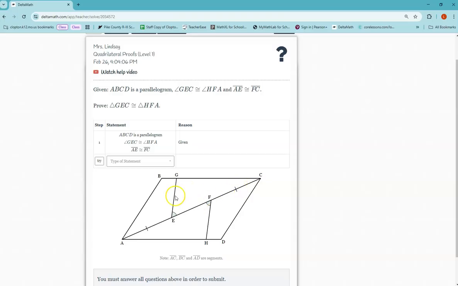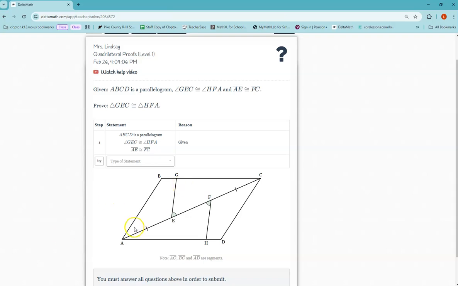So we want to look at GEC and prove that it's congruent to HFA. Okay. So I think what I would like to talk about first, what could we do? This one's pretty tricky.